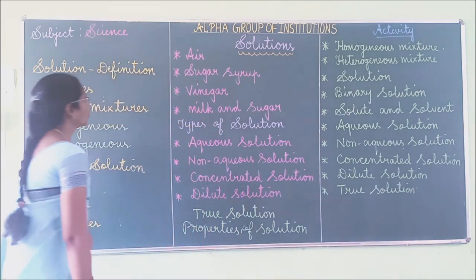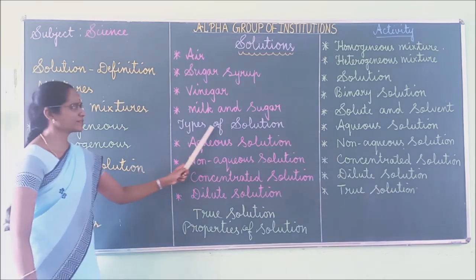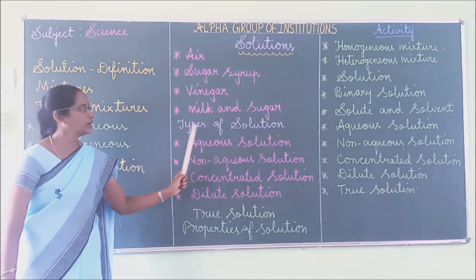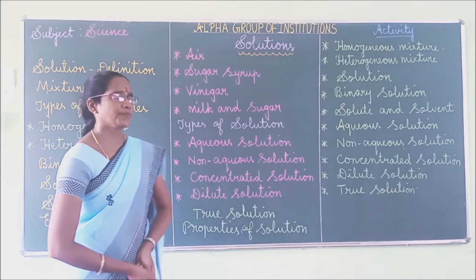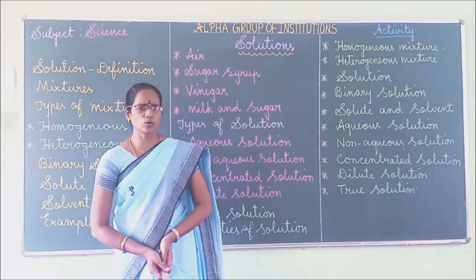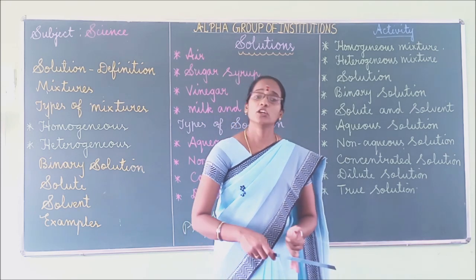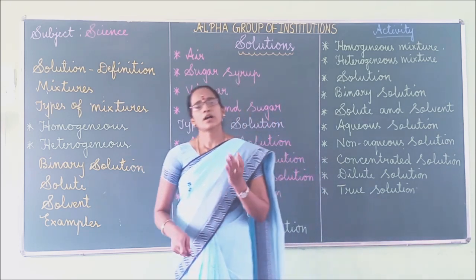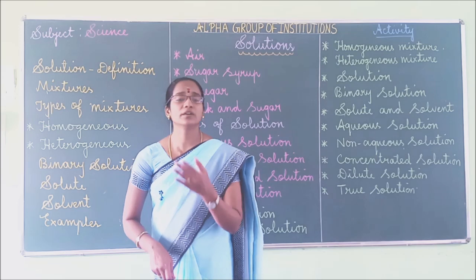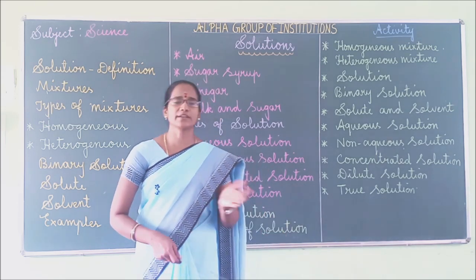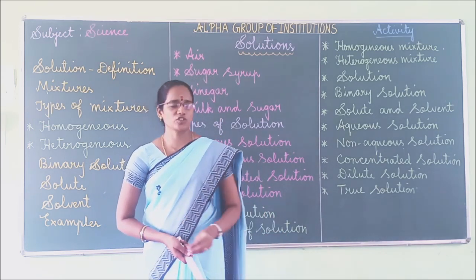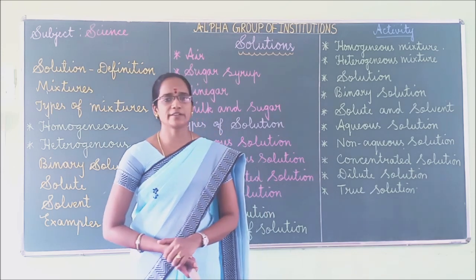Good. Next we can move to types of solution. There are different types of solutions: aqueous solution, non-aqueous solution, and then concentrated solution, dilute solution, saturated solution, unsaturated solution, supersaturated solution, like that.